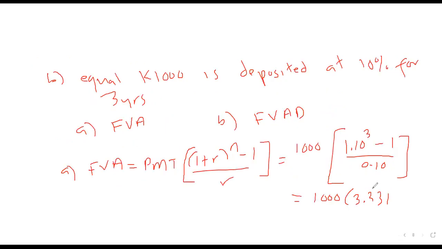You give 3.310, to give a 3 point here, such that when you multiply this, you're going to get 3,310. Okay. That is how we calculate that.